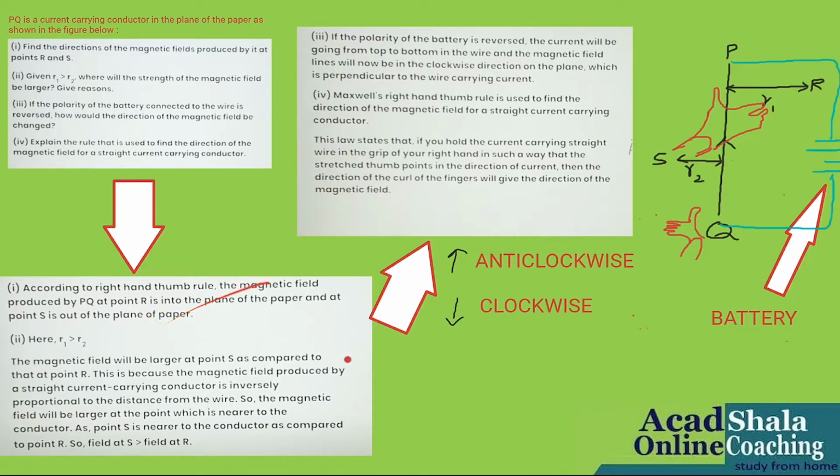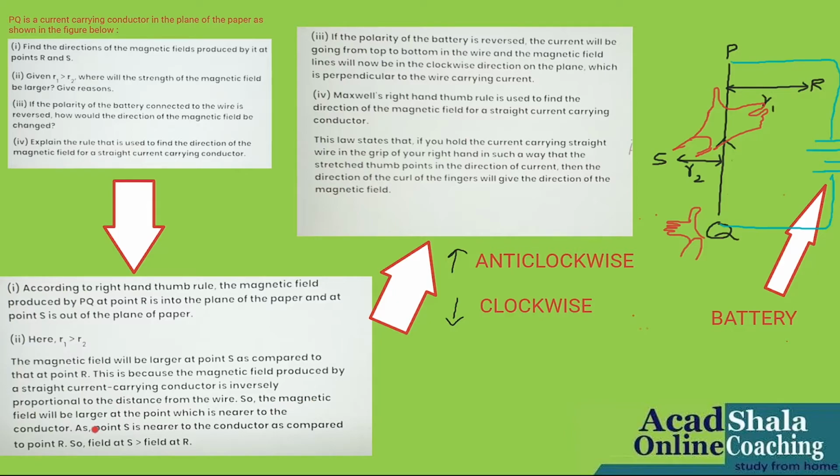Clear, children? Now, the second part says, given R1 is greater than R2, where will the strength of the magnetic field be larger? Give reasons. Over here, we know that R1 is greater than R2. So my answer is: the magnetic field will be larger at point S, as compared to that at point R. This is because the magnetic field produced by a straight current carrying conductor is inversely proportional to the distance from the wire.